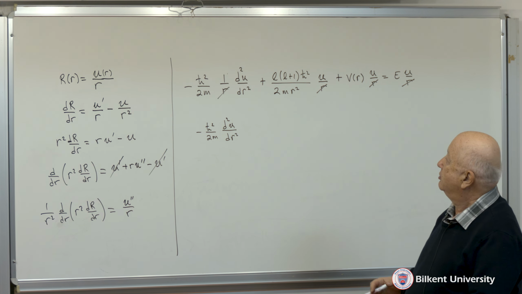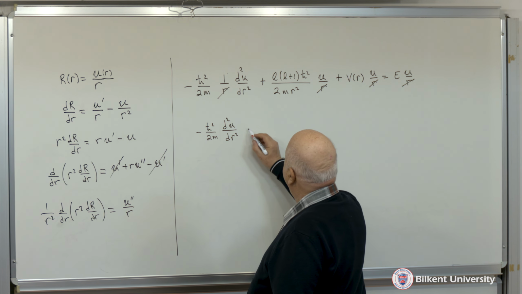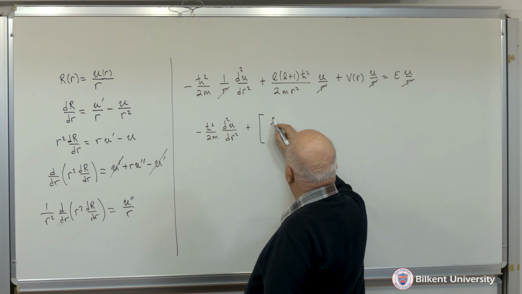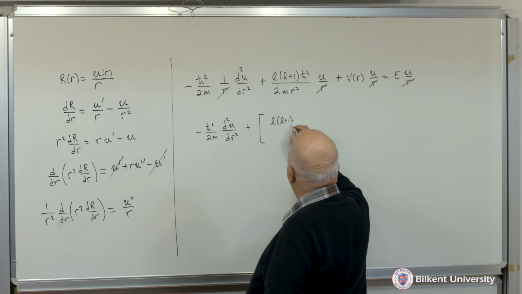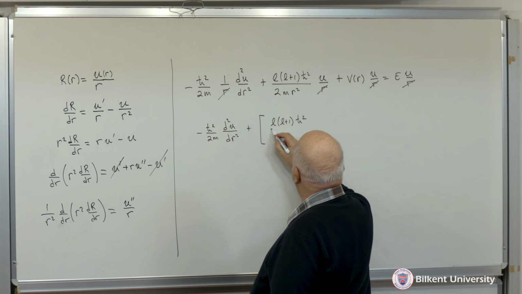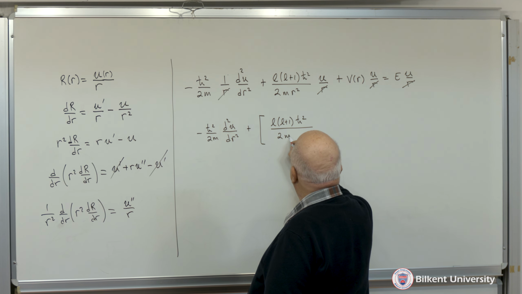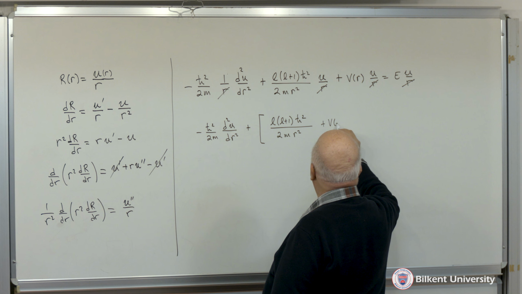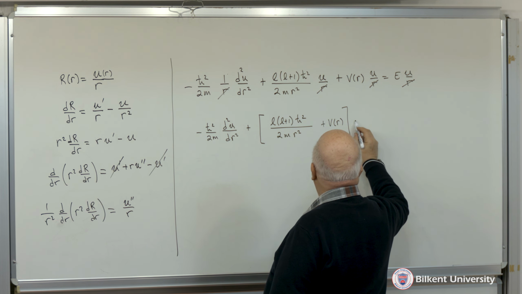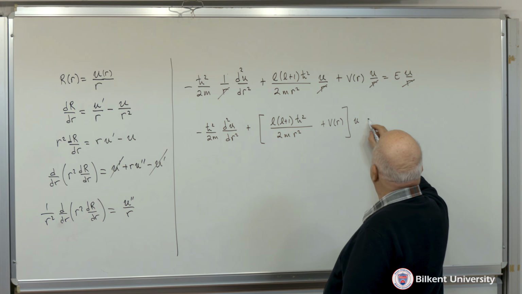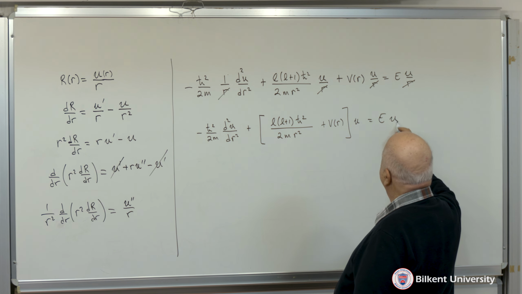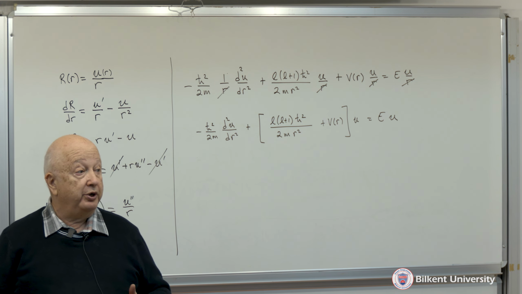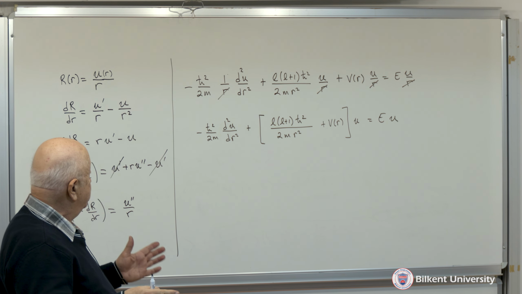And then you have this term, L(L+1) h bar squared over 2m r squared, plus V of r, times u is equal to E u. So it's just the one-dimensional Schrödinger equation, as if the particle is moving in r.